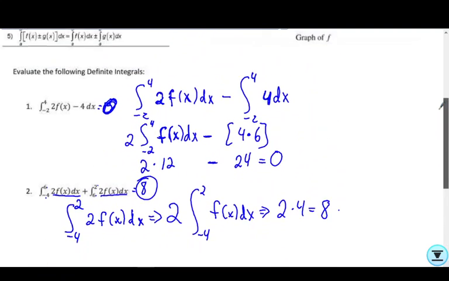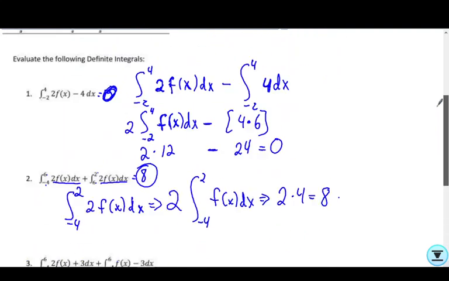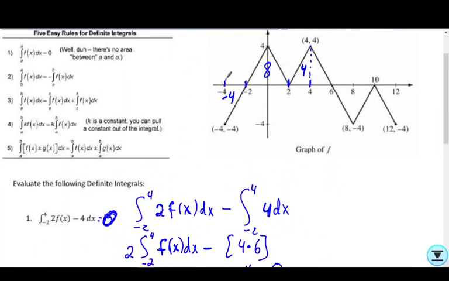Now up here, since we're dealing from negative 4 to 6, that's from here all the way to here. So that's negative 4 plus 8, which is 12.